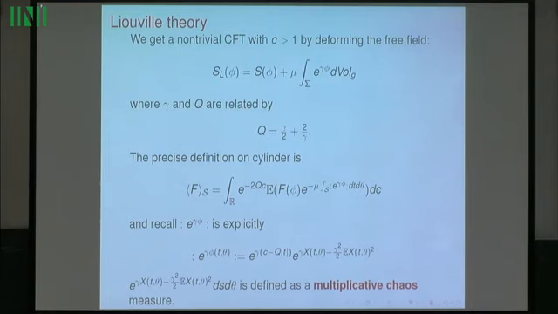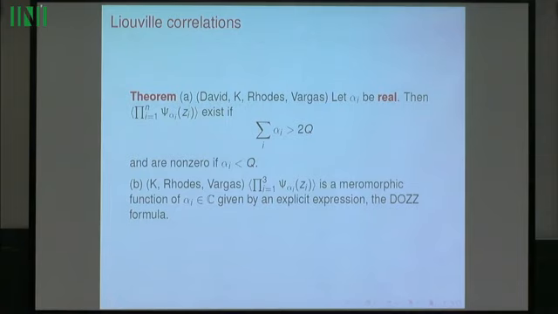Okay, so what can we do with this? Well, the first question is what are the correlation functions? What are the primary fields and what are the correlation functions? We have an expectation, so which correlation functions make sense? This is the result.